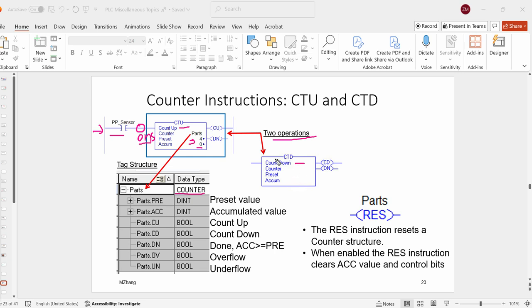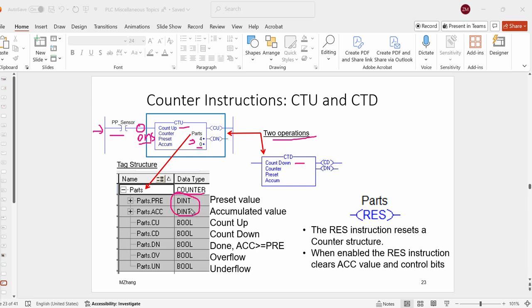Like I said, if you want to count down, for example this part presence sensor is like you are rejecting some parts, or you try to retract some of the parts, you can use this to operate on the same counter. If we look at the data type of counter, it has two double integer members.